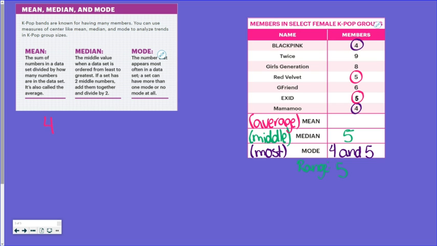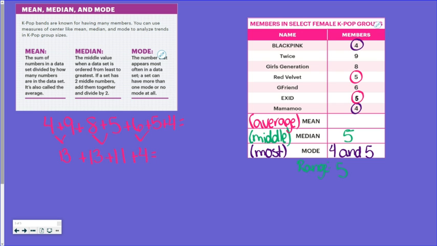So we had 4 plus 9 plus 8 plus 5 plus 6 plus 5 plus 4. Let's go ahead and simplify that. 4 plus 9 simplifies to 13. 8 plus 5 is also 13. 6 plus 5 is 11.